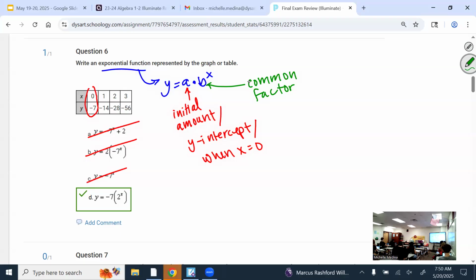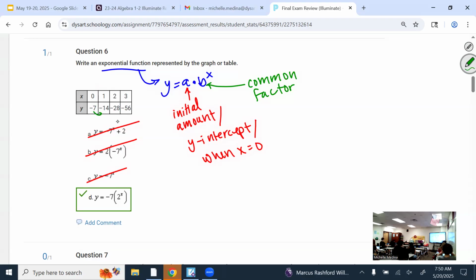So common factor, breaking down the vocabulary, it's what you're multiplying by, the same number each time. Not in the x's, because the x's are just independent. This is my starting value, this is after 1, 2, 3 of the same pattern. You should see the pattern in the y's, in the outputs.